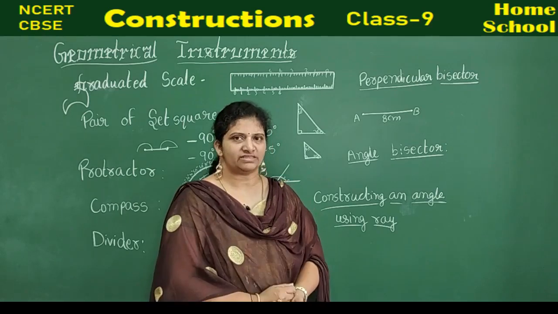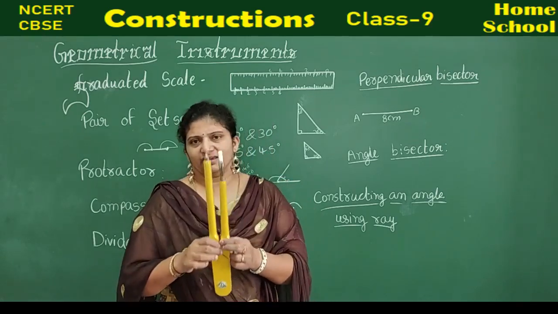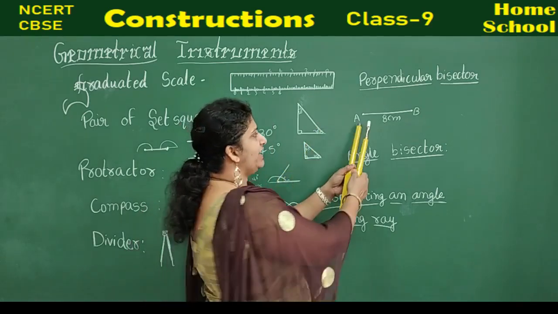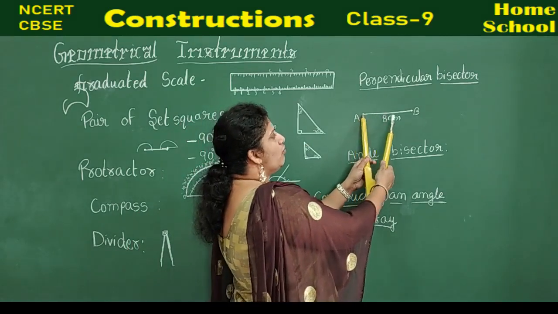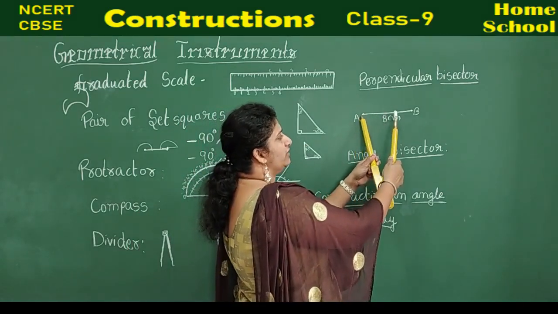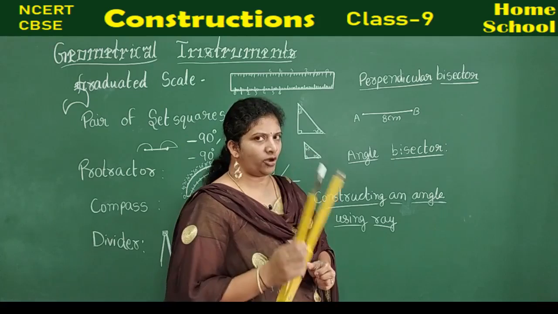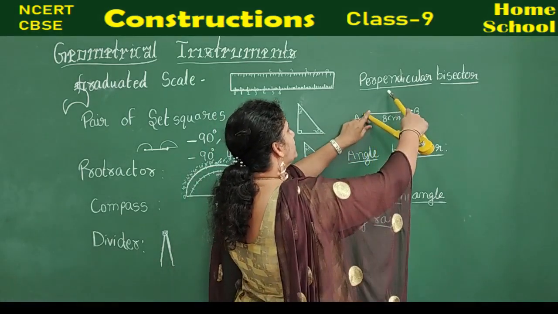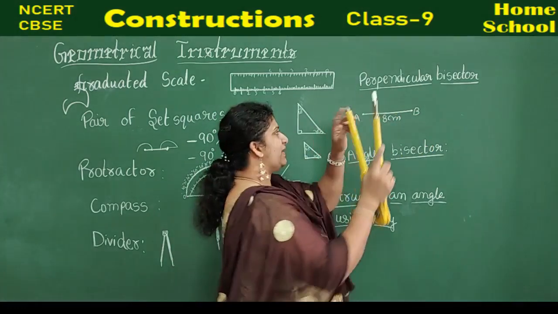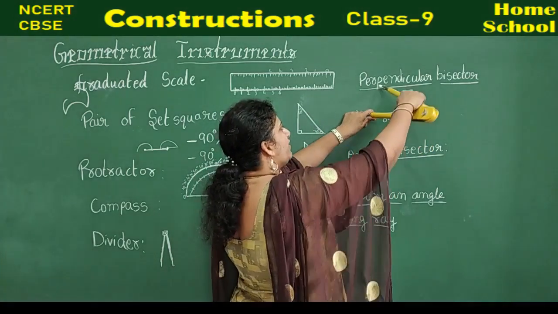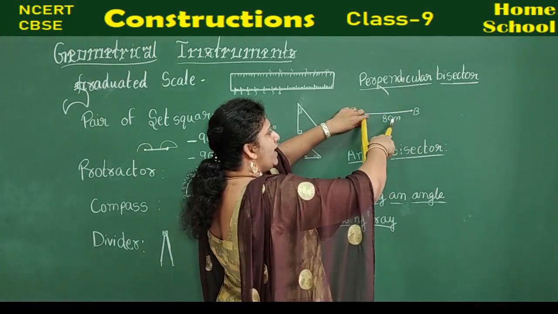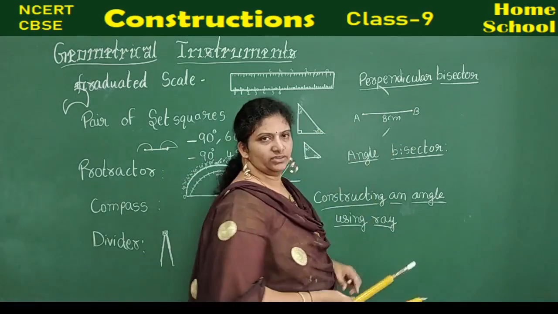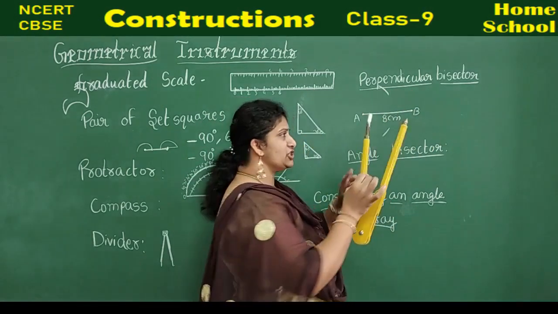How to draw this bisector? Let's take the compass. 8 centimeters, right? We need to take more than half. What is your first step to draw a perpendicular bisector? More than half. Put the sharp edge at any one point. If I put it at A, draw one arc above and one arc below. Don't disturb this measurement.